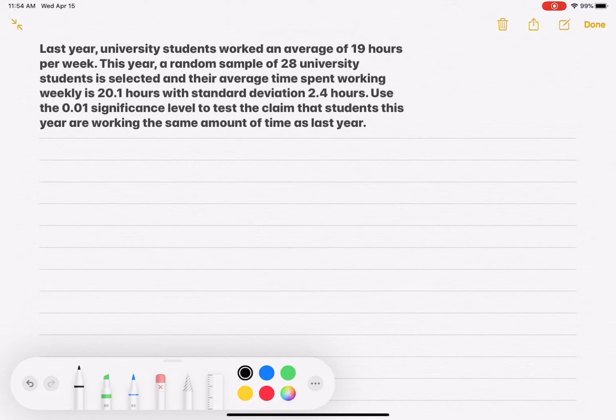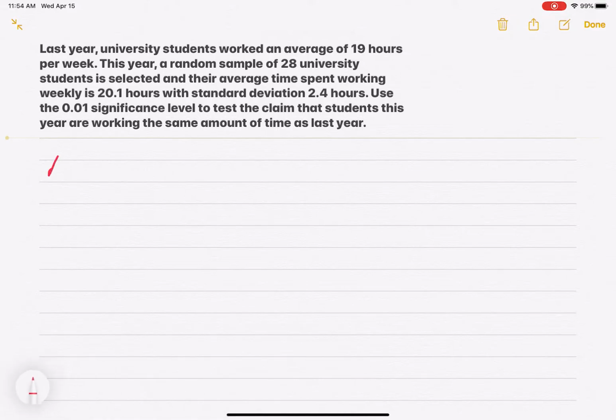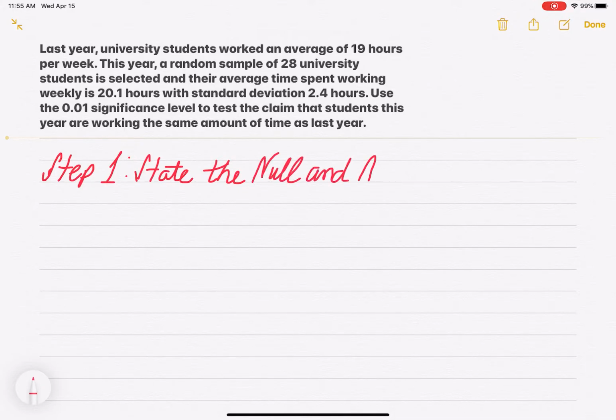So if we're doing a hypothesis test, step one, we're going to state the null and alternative hypothesis.